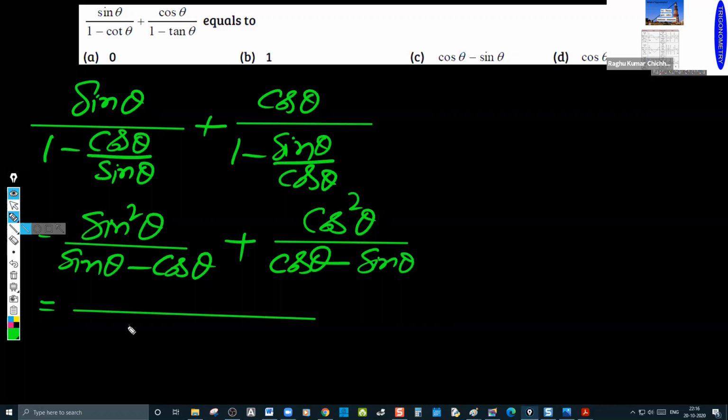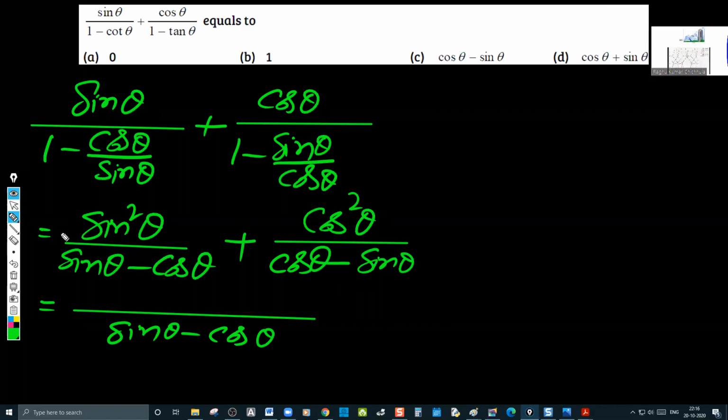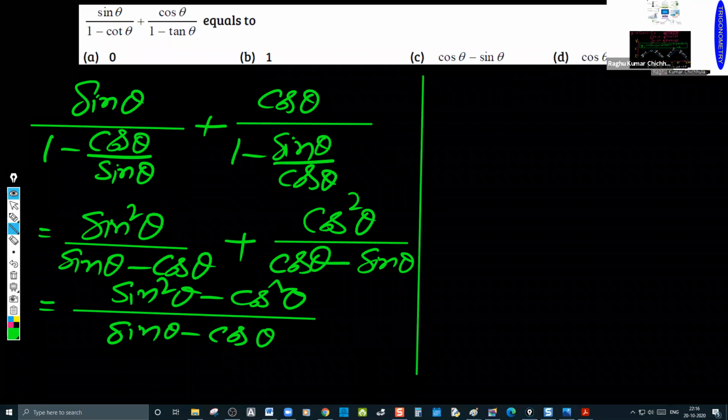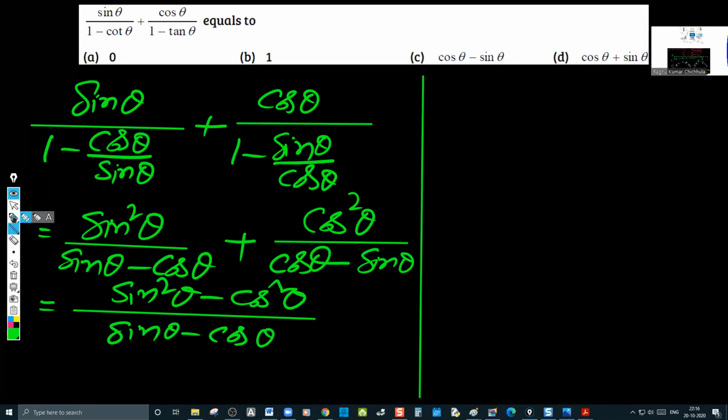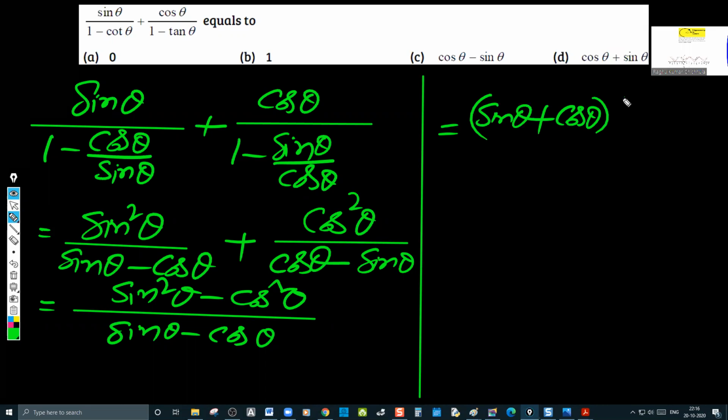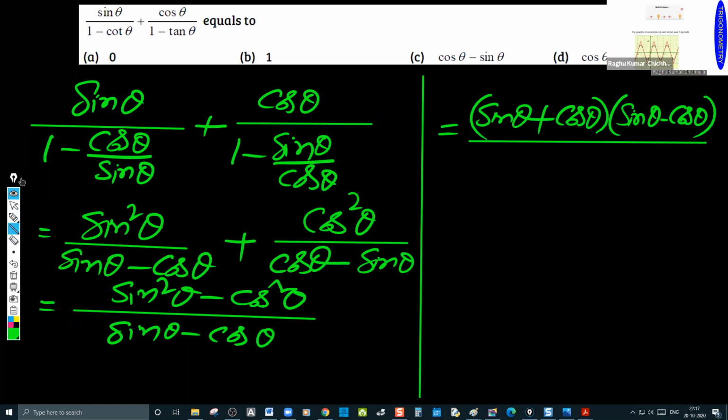Do you understand what I'm saying, Maurya? Let me take minus. Yes, sir. Then what will be the numerator? Sin square theta minus cos square theta. Tell me now: a square minus b square. Sin theta plus cos theta into sin theta minus cos theta, all divided by sin theta minus cos theta.